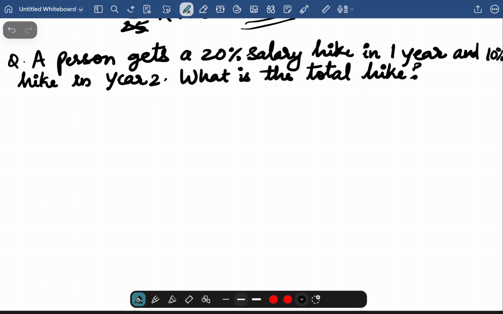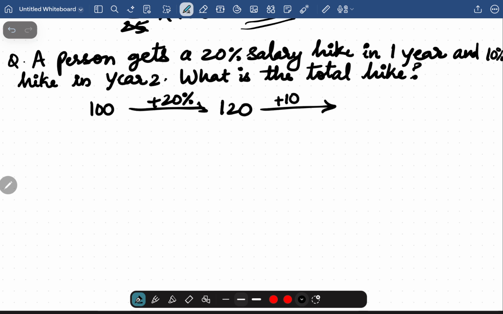So, now let's move to the logic. Some of you will say 30%. No, it's not 30%. So, let's assume his salary is 100 and it gets a 20% hike in year 1, which means plus 20%. It means 120 and 10% in the second year.